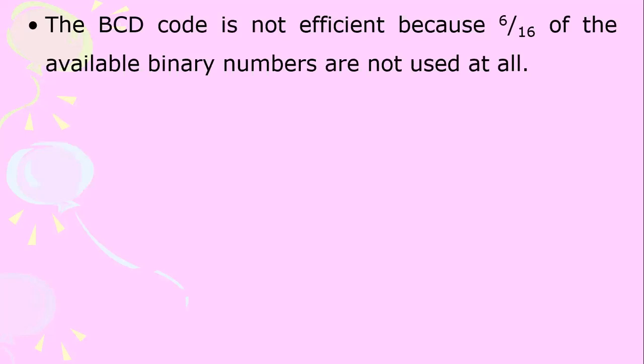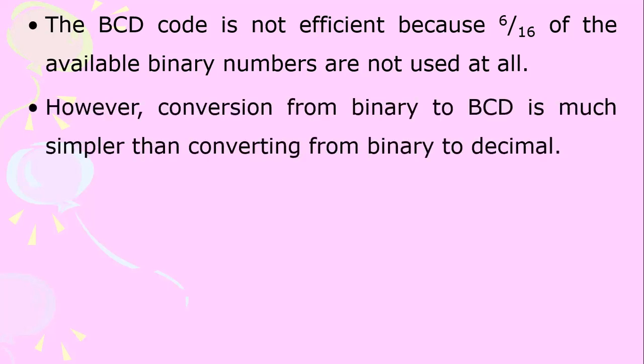The BCD code is not efficient because 6/16 of the available binary numbers are not used at all. However, conversion from binary to BCD is much simpler than converting from binary to decimal.